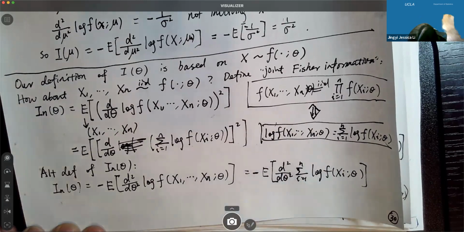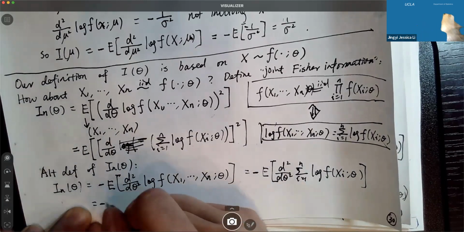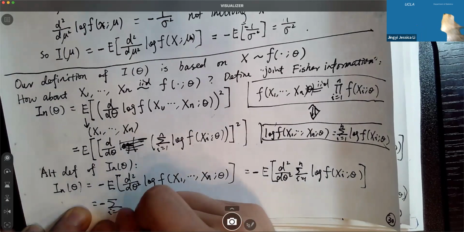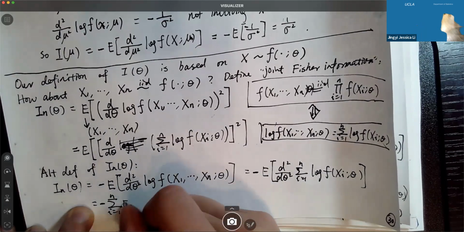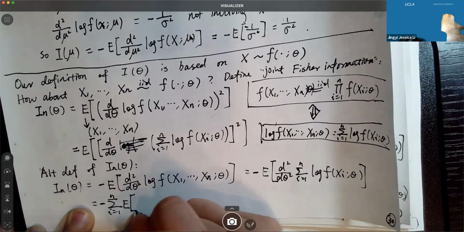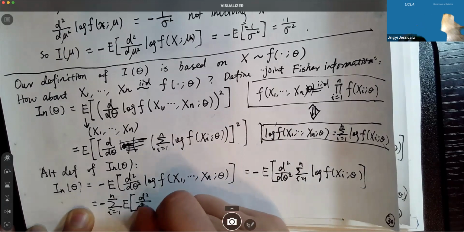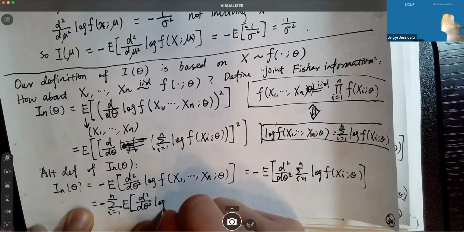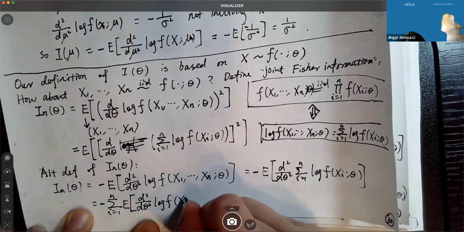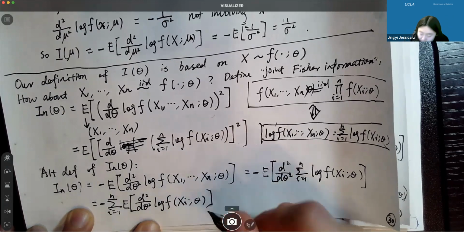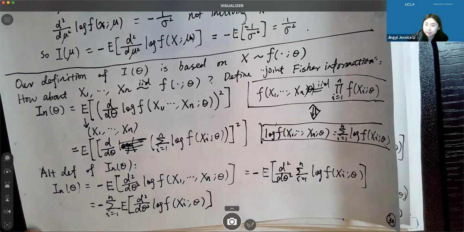So with that, you can see this will give me minus the sum from i equals 1 to n of the expectation of d squared over d theta squared of log f(x_i; theta).